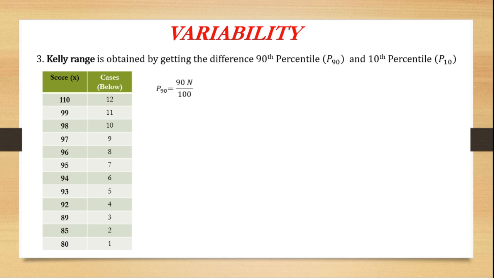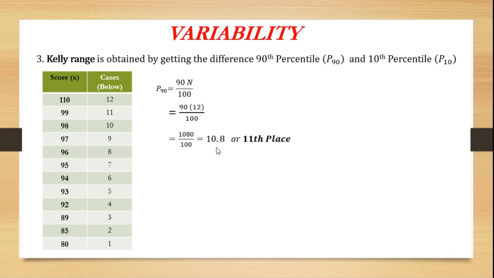First, we have to identify the data that falls within the 90th percentile by computing 90 times n divided by 100. Our n is 12 because there are 12 data. So we have 90 times 12 divided by 100, which is equal to 10.8.